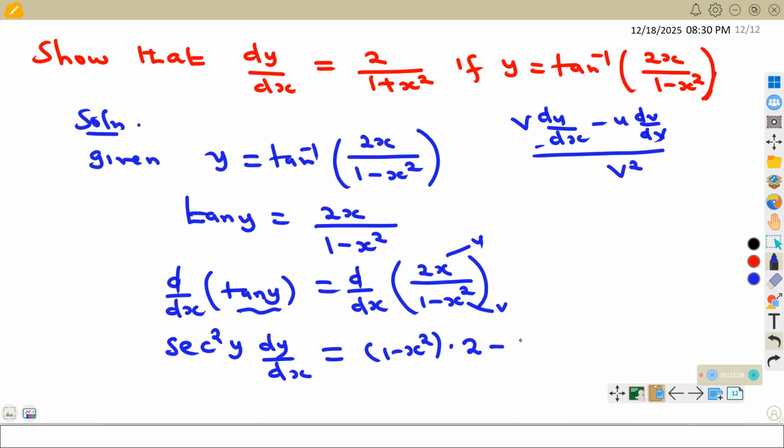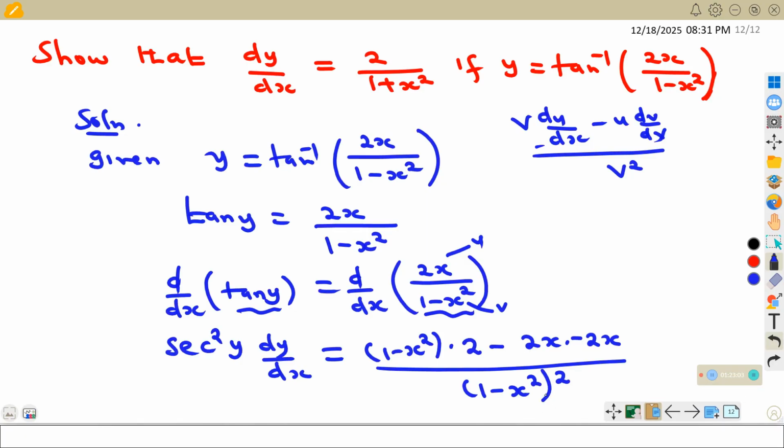Then minus u, which is 2x, times dv dx. What do you get when you differentiate 1 minus x squared? Negative 2x. So we shall divide the whole of this by v squared, which is 1 minus x squared, all squared. So we are all at that given point. Now from there, let us try to simplify this upper one.